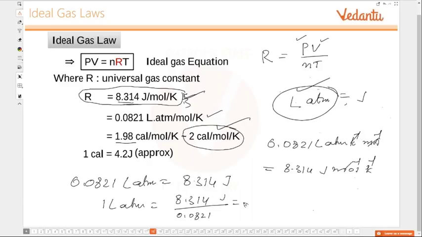This we will be using there, so you will have to remember this. Not the value, I don't want the value, but how to get it. 8.314 divided by 0.0821, you will get 101.2 joules. We will be using this. 1 liter atmosphere is equal to 101.2 joules. Okay.